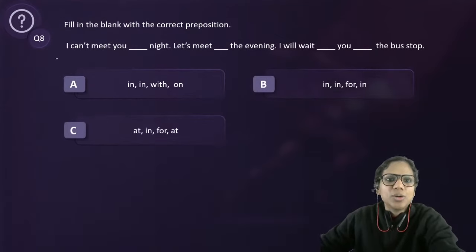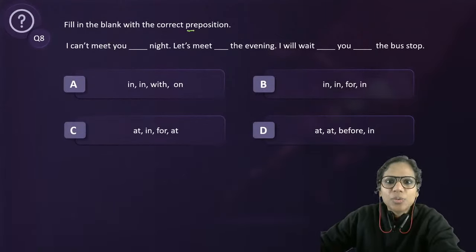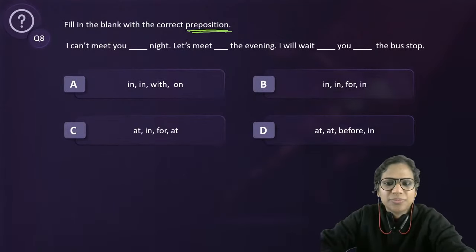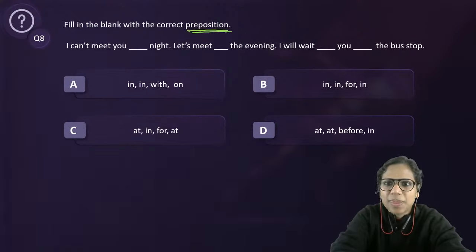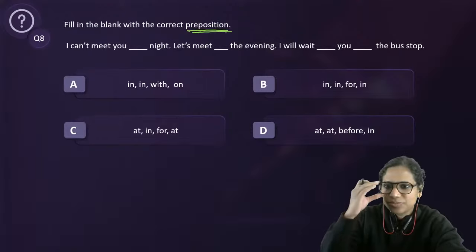Okay. Question 8. Fill in the blank with the correct preposition. Let's see, let's see. Good, good.